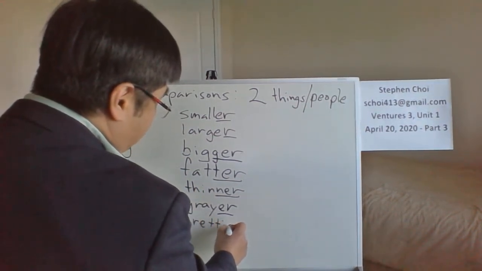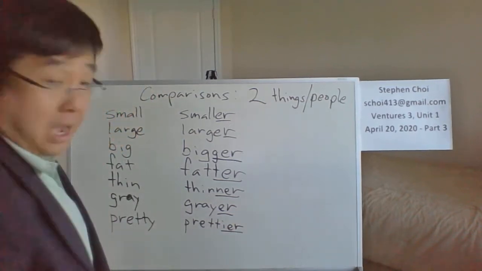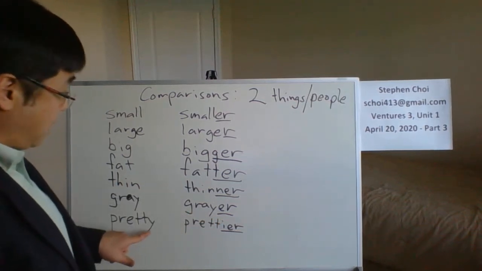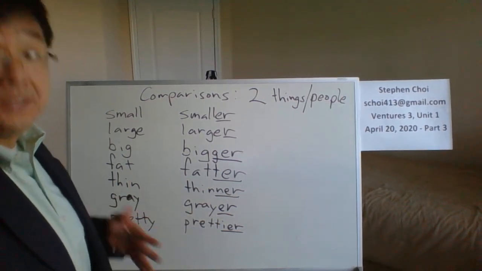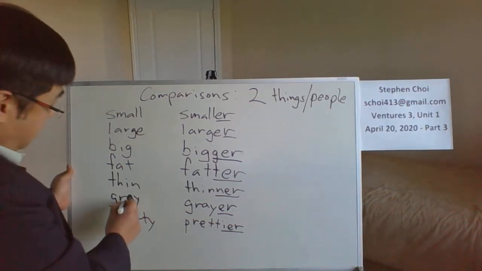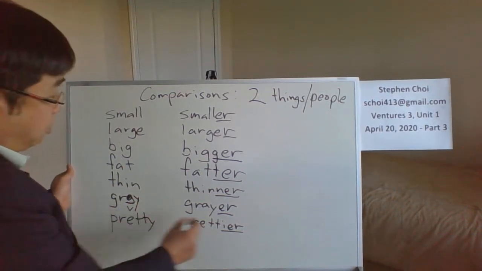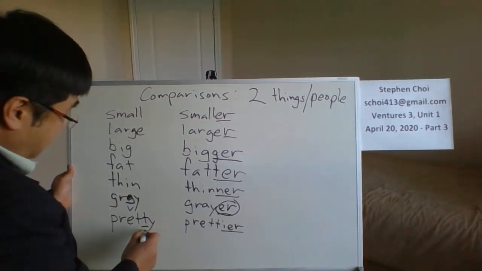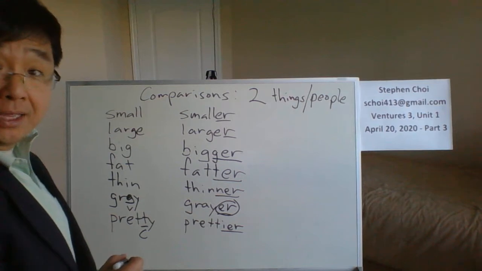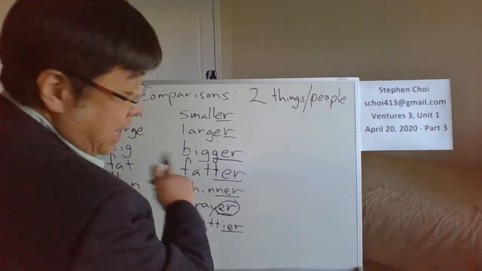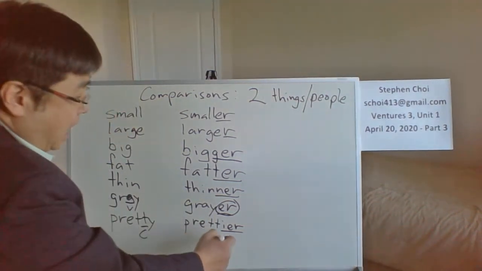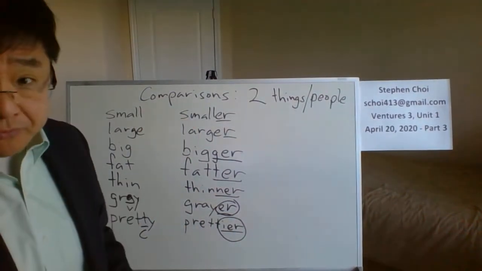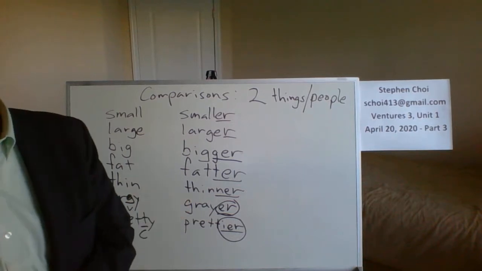Take out the Y and put IER. So some Y's, you just put ER. Otherwise, you put IER. Why? Same rule. If the letter before the Y is a vowel, you just put ER. But if the letter before the Y is a consonant, you take out the Y and put IER. So it's very straightforward on these comparatives.